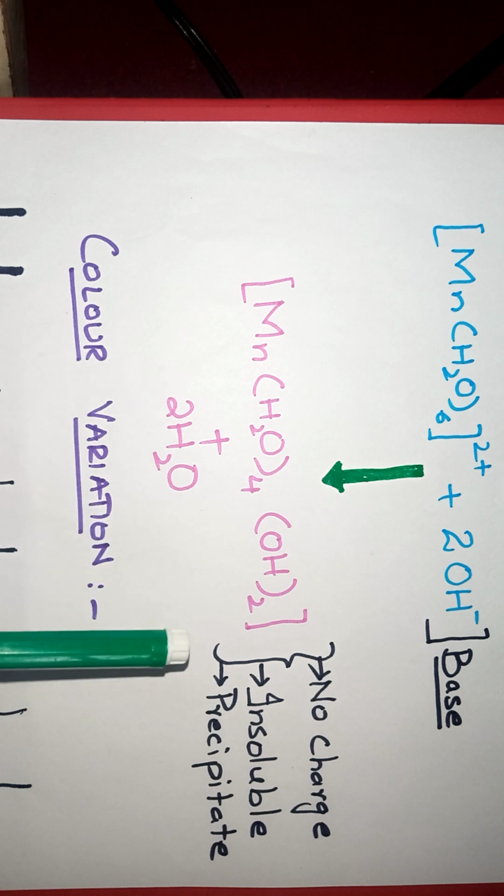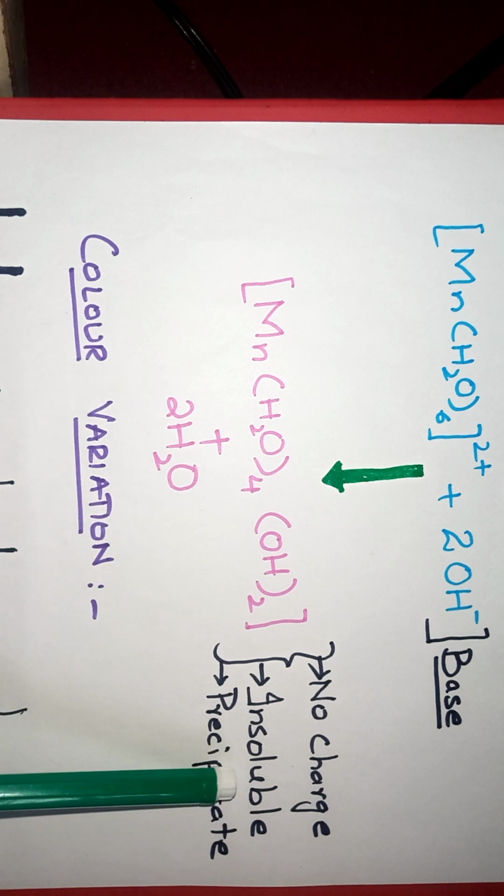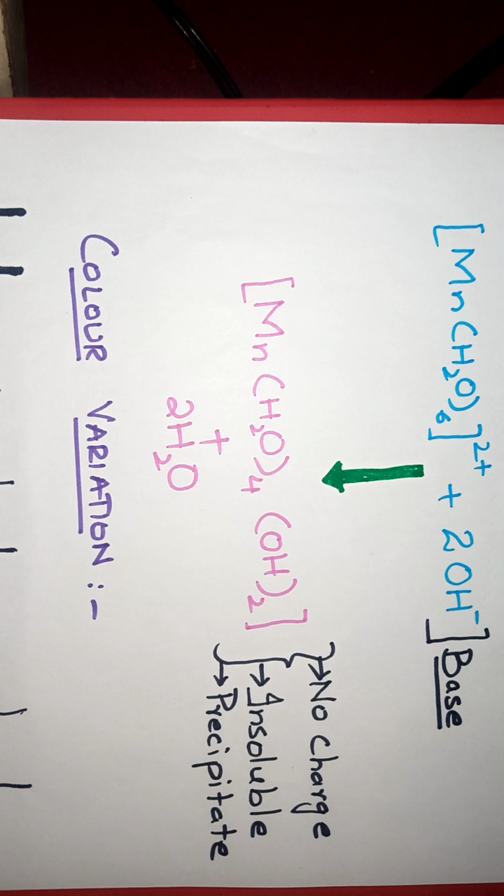It is a neutral molecule, insoluble in water, and it precipitates out. So this is how the hexa-aqua complex of manganese reacts with hydroxide ions. Here the hydroxide ions are acting as a base.